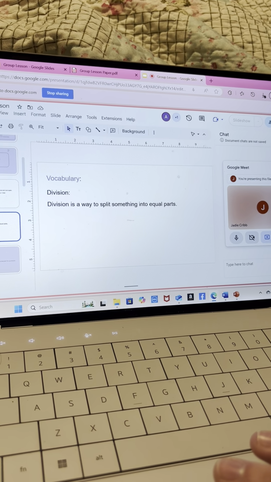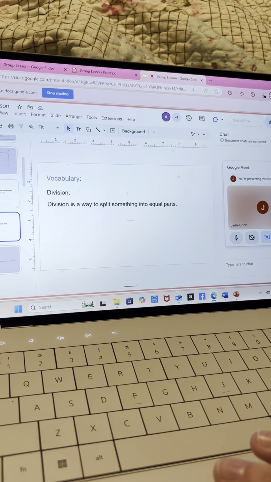Okay, so would this be 2 plus 5 or 2 times 5? 2 times 5. Right, so we need to do 5 in each circle to represent 10.